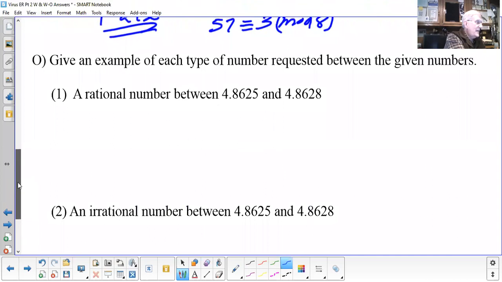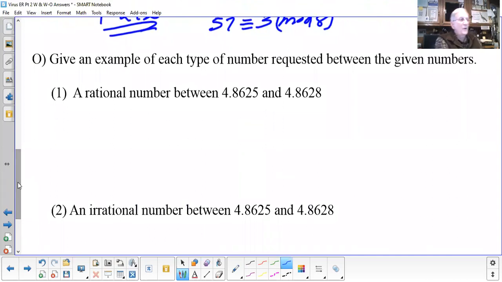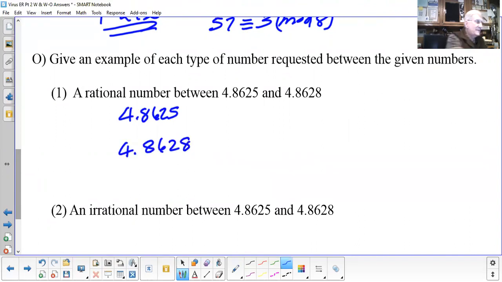Give an example of each type of number requested between the given numbers. Okay, what I need to do is find a rational number between these two: 4.8625, 4.8628.